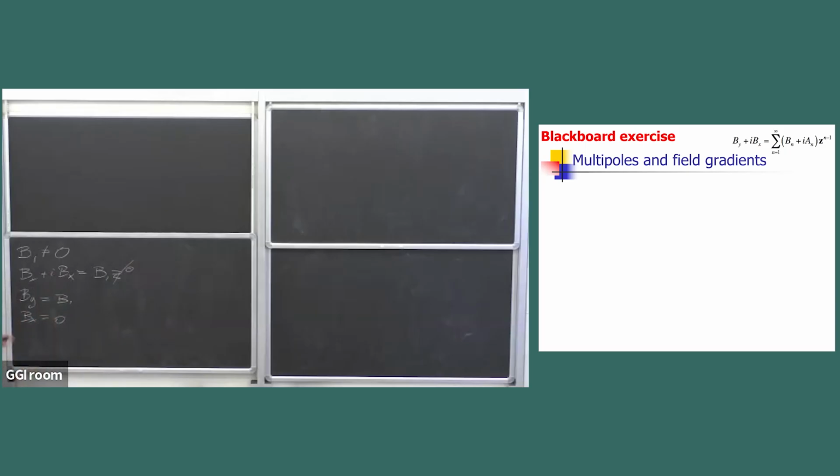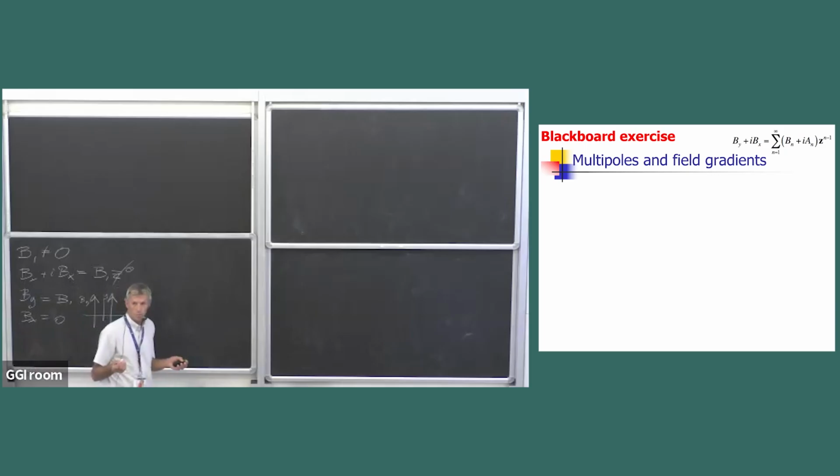Interesting. Okay, so that means that everywhere in space, I only have a B1, By component, which is homogeneous in space, always the same, which means that all the field lines are straight. Okay, that was easy enough to start. That's why I started with that. That's what we call a dipole. Okay, that's what makes the beam go around.